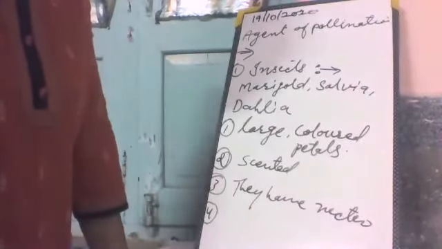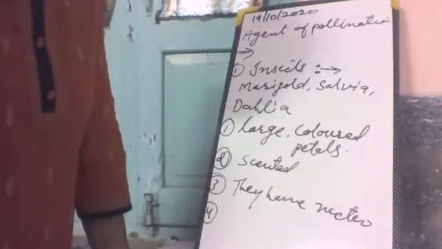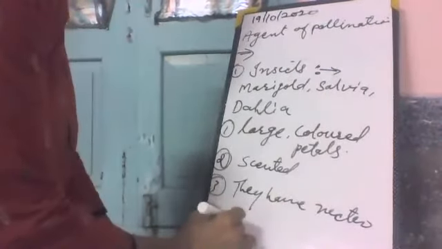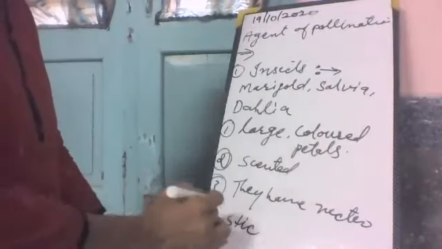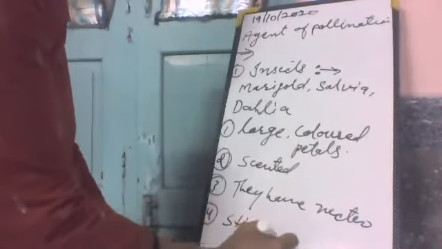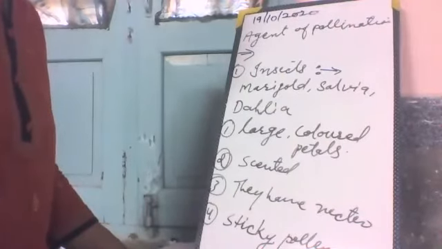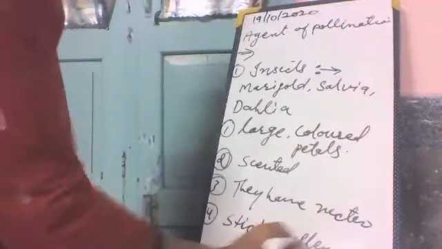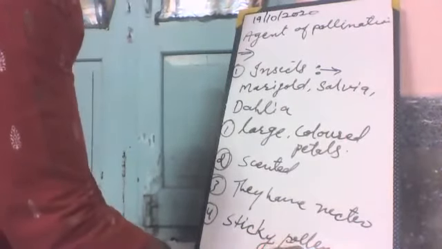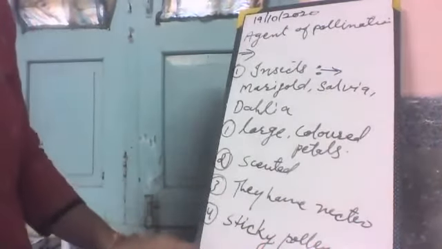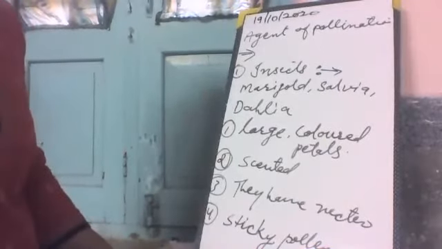Then the fourth characteristic is that these produce sticky pollen grains so that they may stick to the body parts of the insect. These are the characteristics of an insect pollinated flower.